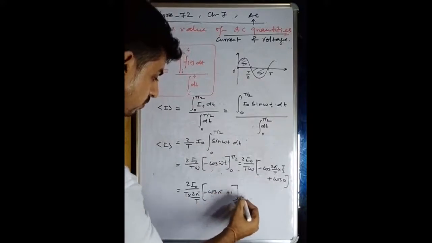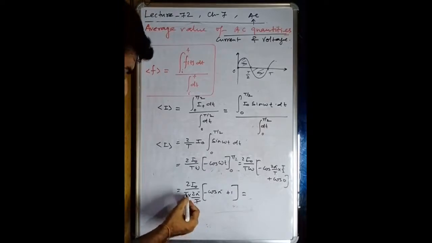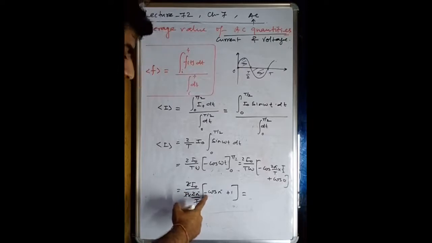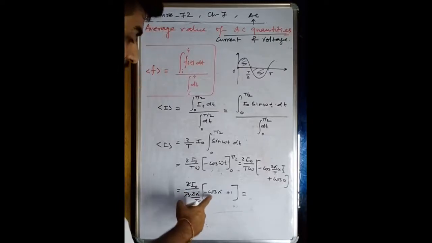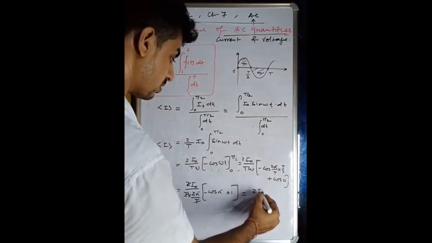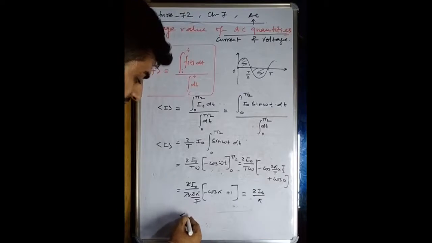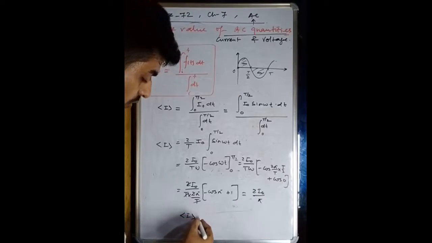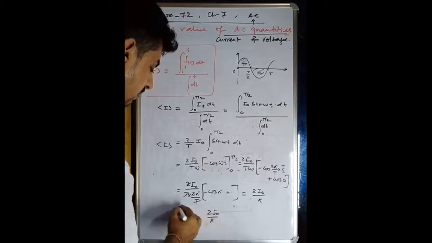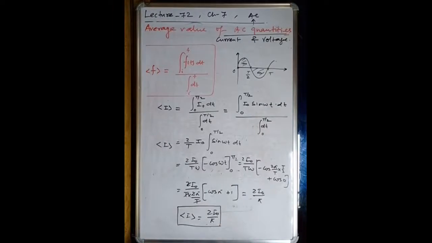Cos pi is minus 1, so plus 1 and 1 gives 2, and in the denominator we have pi. So the average value of current over half cycle is 2 I naught by pi. I hope you understand.